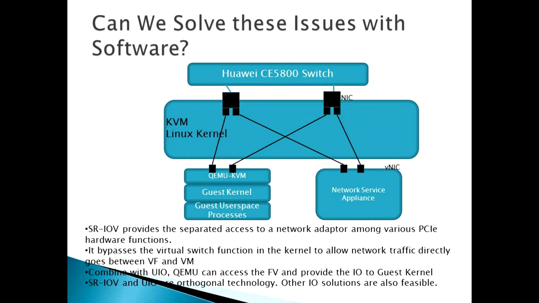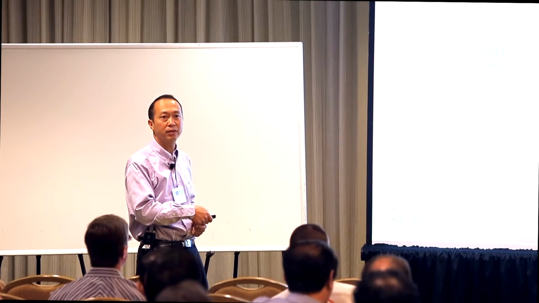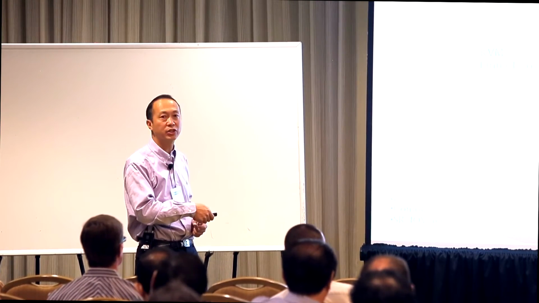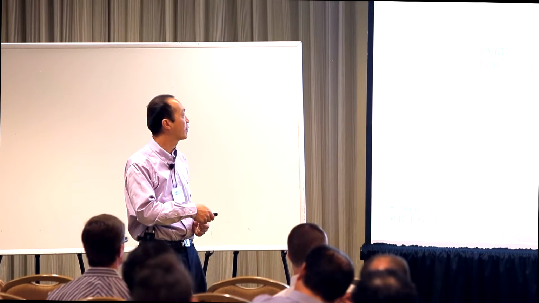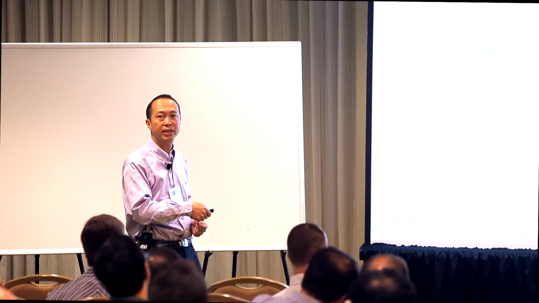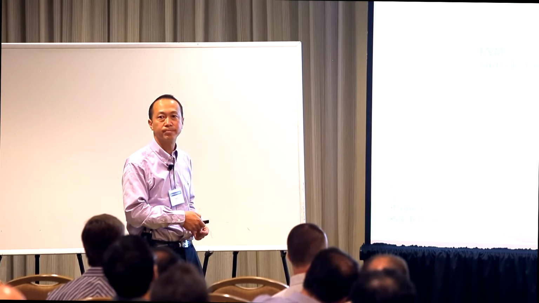Inside the virtual machine, people can provide UIO, and on top of UIO they provide the IO functions on top of the guest kernel, and that traffic goes to the user-level applications in the virtual machine. Similar things can also be handled by the network service appliance, to provide its own drivers and handle the traffic going directly from the physical NIC card to the appliance.